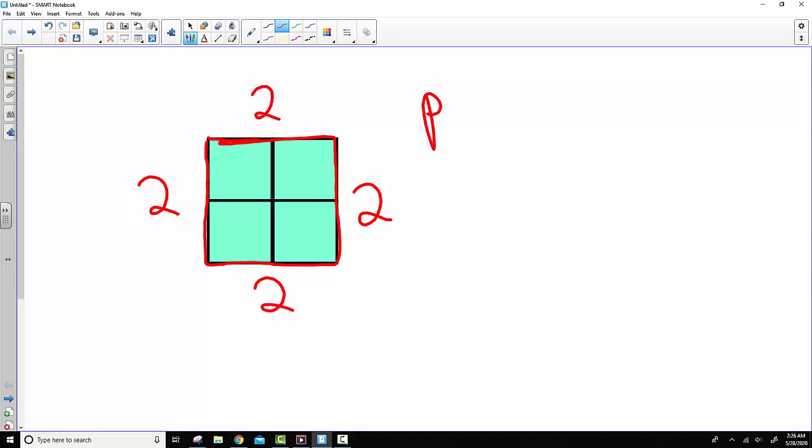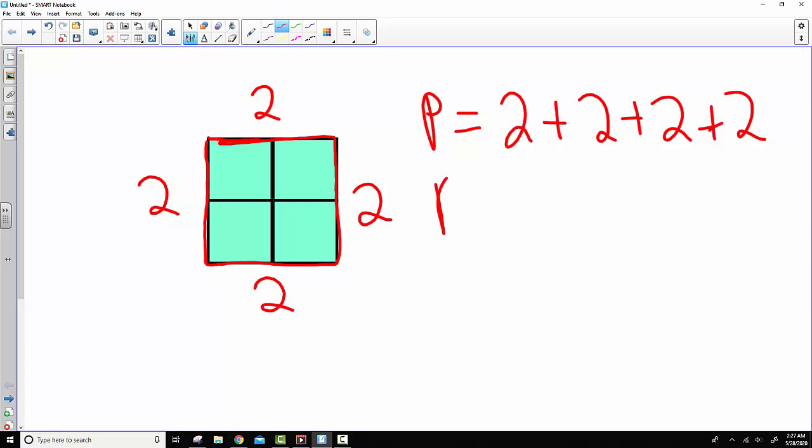Your perimeter is calculated by adding the outside edges of a figure. So we see for this example that the perimeter equals 8 units.